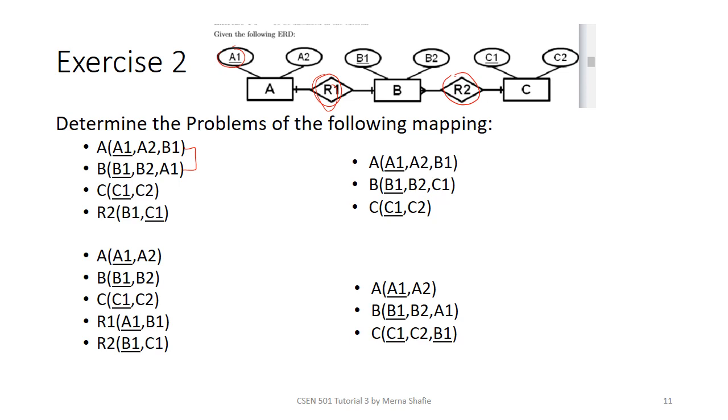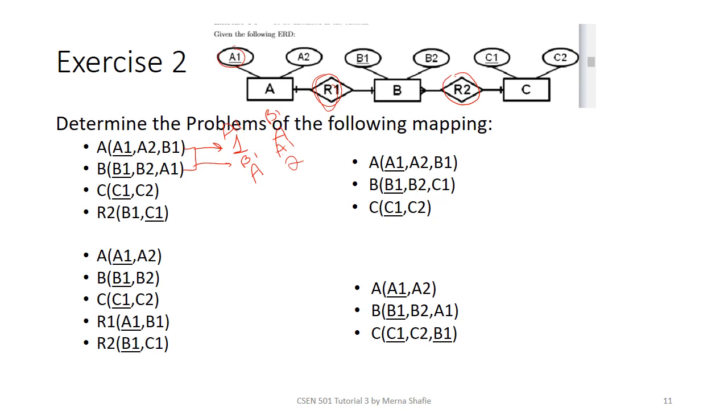Second of all, requiring this may cause some redundancies and inconsistencies. For example, suppose we have in this relation the value 1 for A1 and the value A for B1. And in the other table we have for the value B1 A and for the value of A1 2. Here, A1 is a primary key, so 1 is not going to be repeated anywhere else in this table.